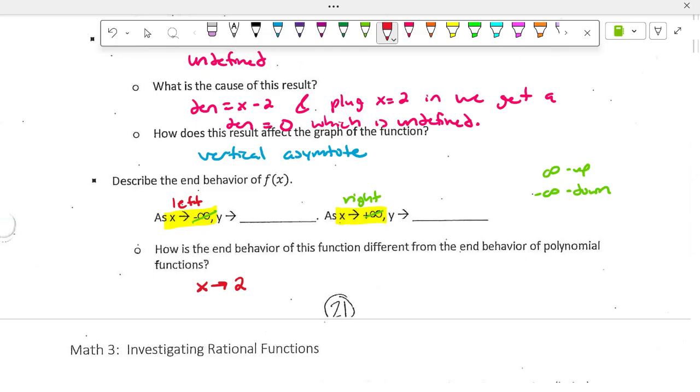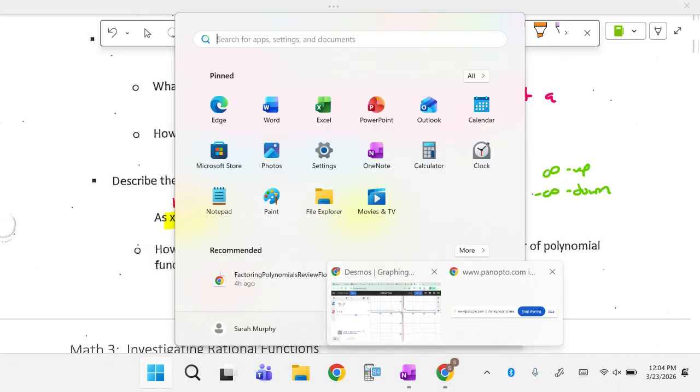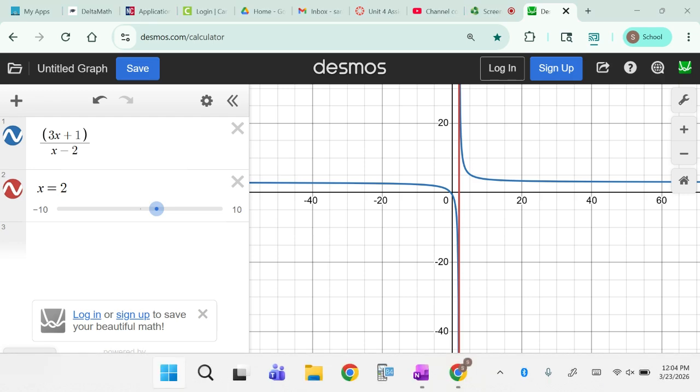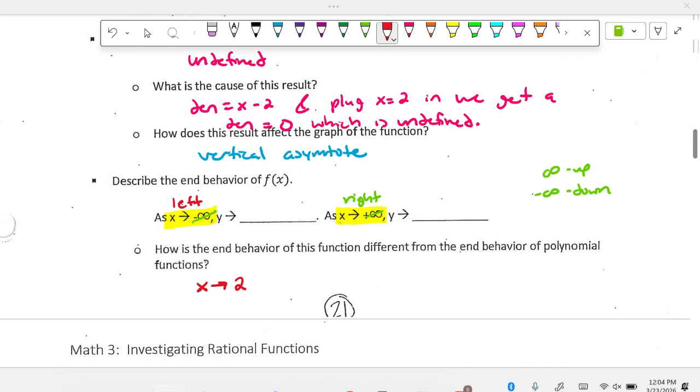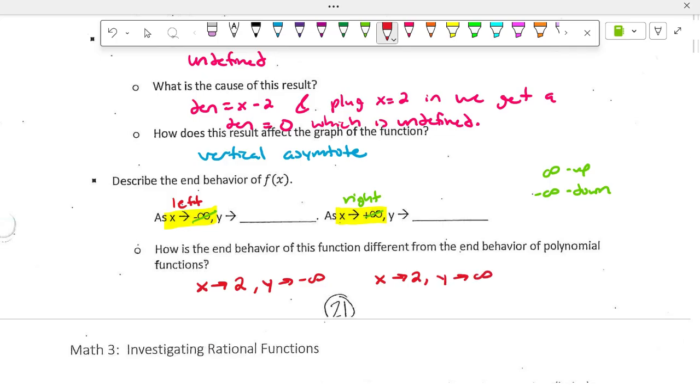So as x approaches 2, we can look at this tail or this tail. Y is approaching negative infinity on one side, and as x approaches 2 on the other side, y is approaching positive infinity.